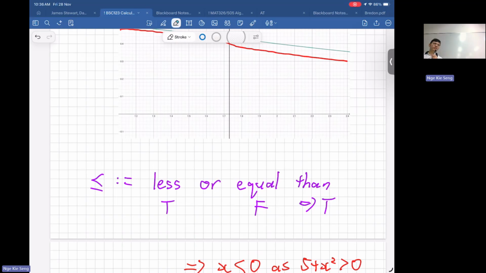I think you're going to learn discrete math next semester. True or false is still true. If you want true only, there's the 'and' statement: P and Q must both be true. Any other questions?